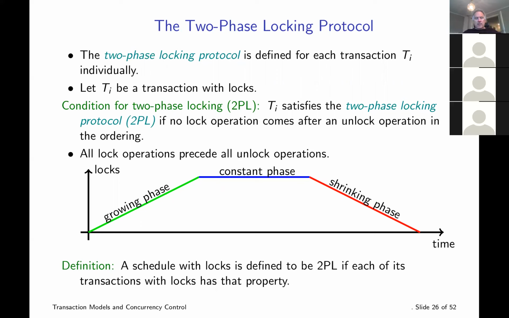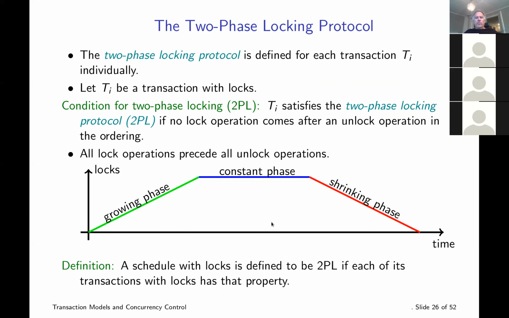How they do that can be abrupt: you have to get them all at once, which is very hard because how do you know all the locks you need at the beginning? Or you release them all at once at the end, which maybe makes more sense. The point is that you have a growing phase where you're gathering locks, and then a shrinking phase where you release the locks. You don't do the seesawing where you get some locks, then get rid of locks, then get some locks, then get rid of locks. That will lead to a lot of problems.